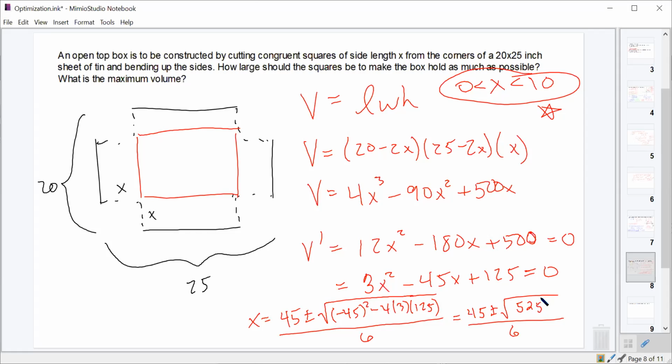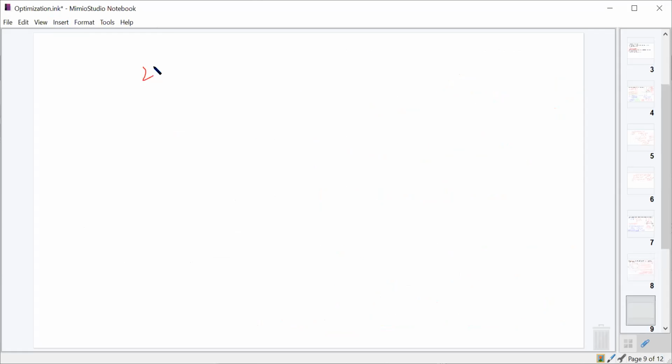All right, and let's see, can we take something out of that 525? We can take a 25 out of there, right? So that would be, I guess I'll go to the next page. This will be 45 plus or minus 5 root 21 over 6. Good or no?